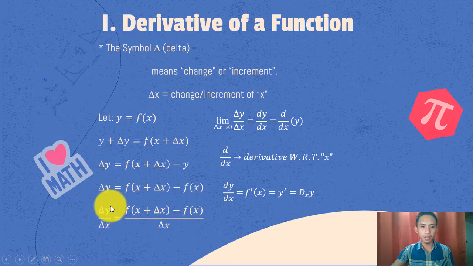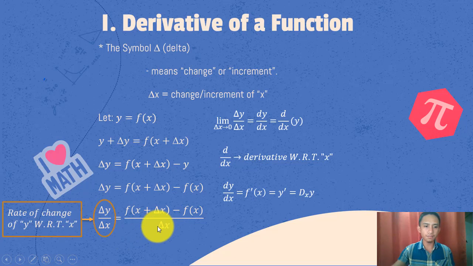And then I want to get the ratio of the change in y with respect to change in x. So what will I do? I will divide both sides. What I do on one side, I should also do on the other, because that is a rule of mathematics. Because I want the ratio of delta y over delta x, I will also divide the other side by delta x.